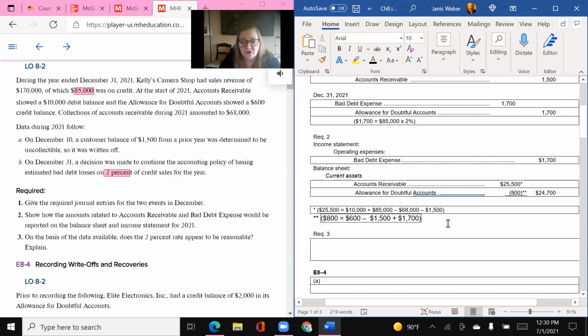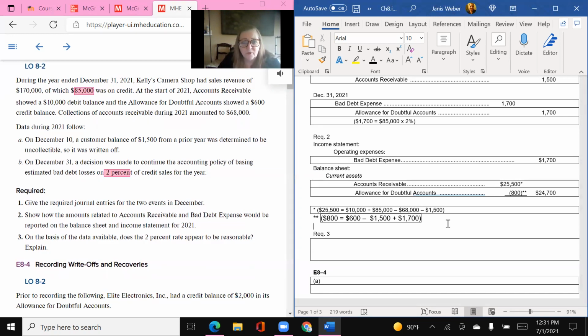The 800 was just a beginning 600 minus the $1,500 write-off that happened on December 10th, and then plus the $1,700 adjustment that we made when we wrote off the year-end estimate. Okay.